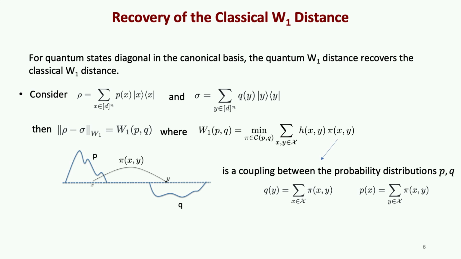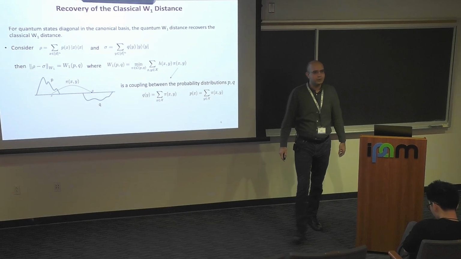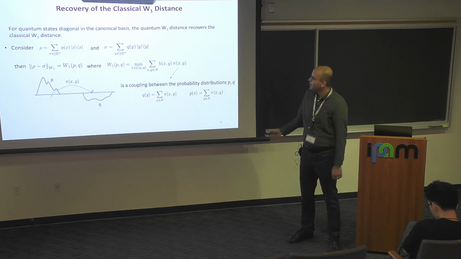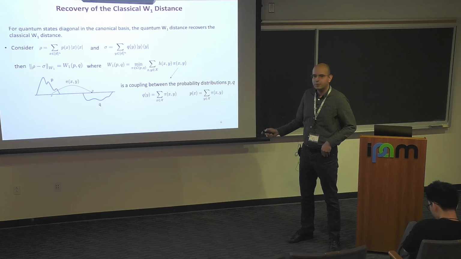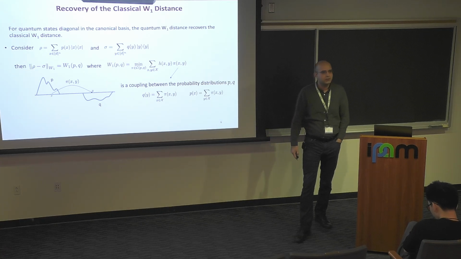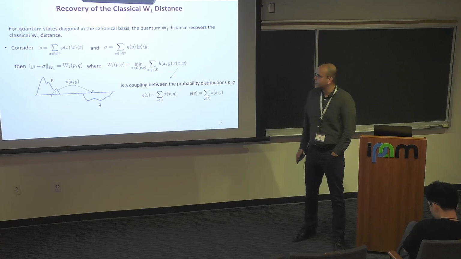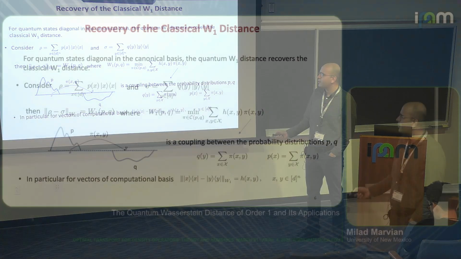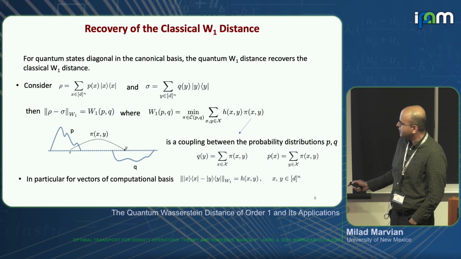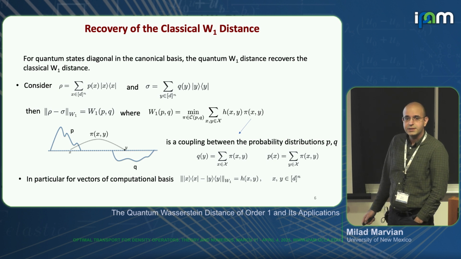If I look at the quantum W1 distance between these two quantum states, it's exactly the classical W distance between these probability distributions, right? With the same picture that we have all been saying for the whole week, right? We have a coupling defined by marginals being P and Q, and then you choose the best coupling as the definition of the classical distance. And then in the very special case that these are delta functions, these probabilities, you get back the Hamming distance.